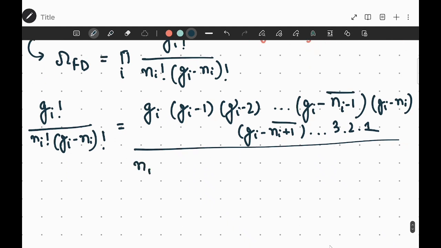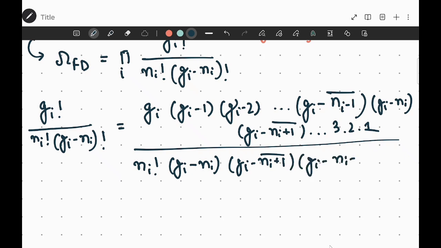And it is ni factorial. If you open it again, it will be gi minus ni into gi minus ni minus 1, not minus 1, it is plus 1, gi minus ni plus 2, and goes up to 3, 2, 1.